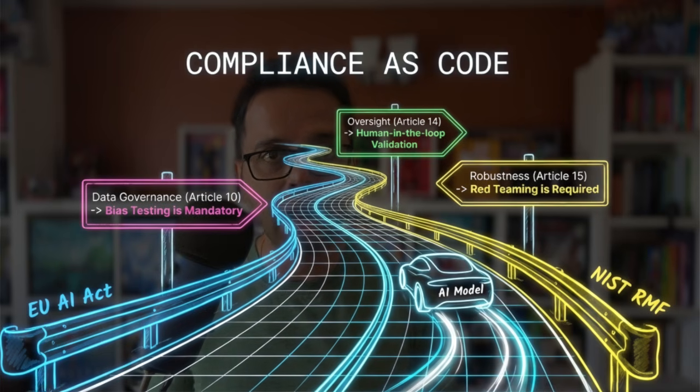You need to figure out how we can make sure that compliance is not entirely manually checked. Can it also be provided as code so that somehow we make sure these are never ignored, right? And that should cover your data governance, right? So are you doing bias testing? There are a lot of regional acts which demand that you do that. You need to check for robustness, right?